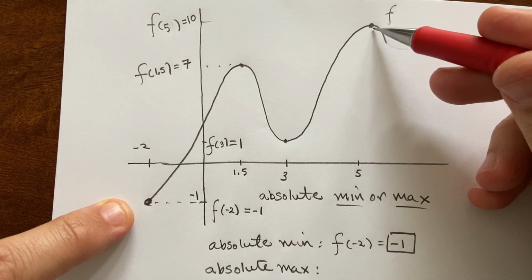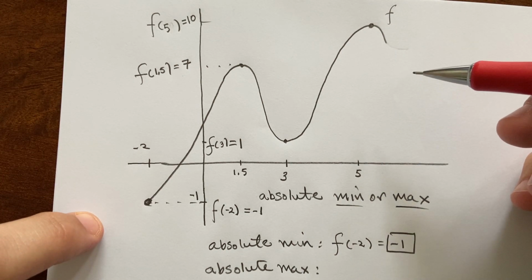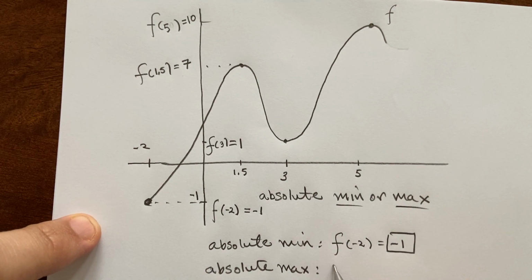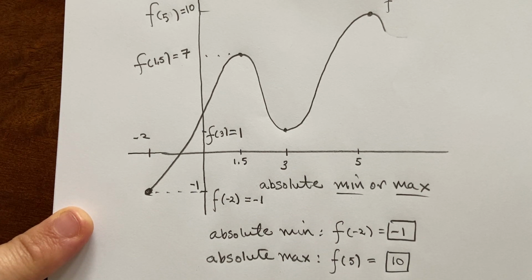In this case right here, this is the highest the function gets on this interval. I'm just going from -2 to 5 in this case. So I'd have f of 5, but the max itself would be the number 10. It's always the output that is the actual min or max.